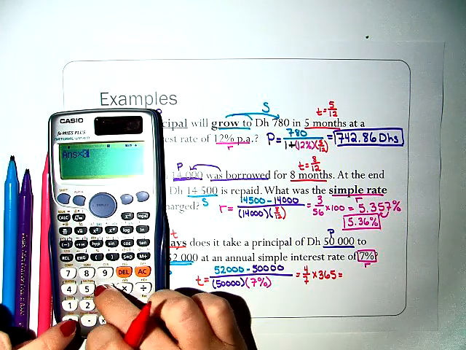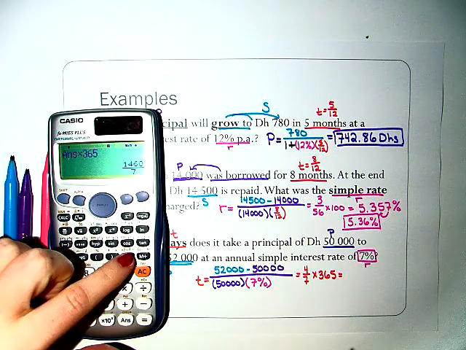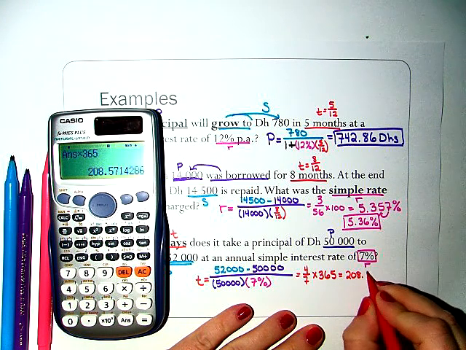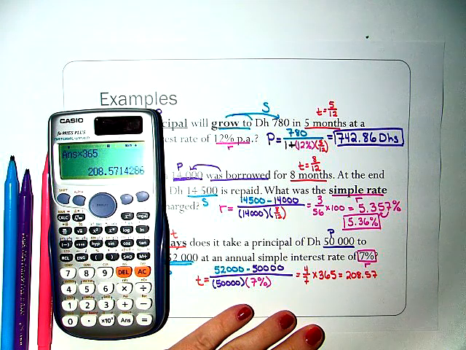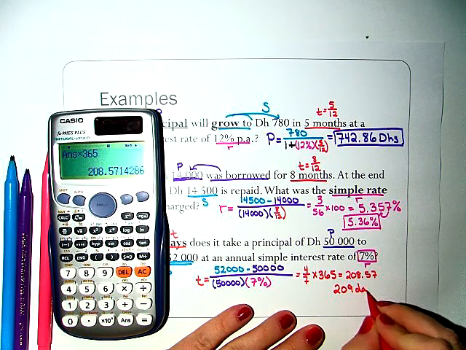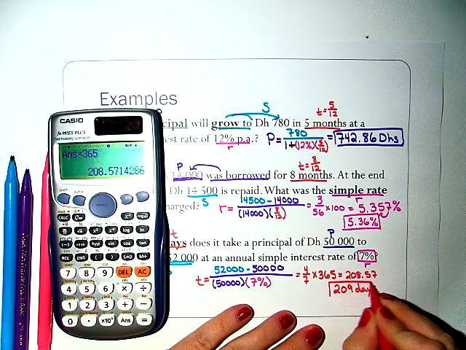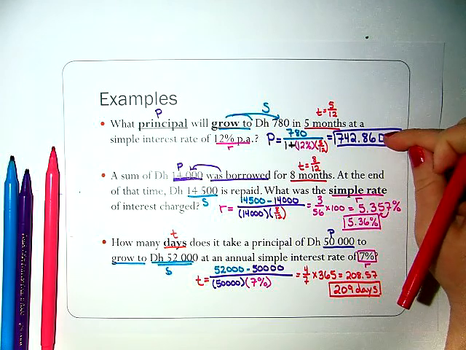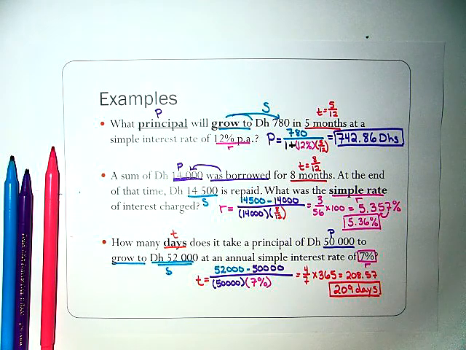So times 365, hit the SD button, and we get 208.57 days. We're going to round this to the nearest day. So we actually are going to do 209 days. So this is how you find principal, rate, and time.